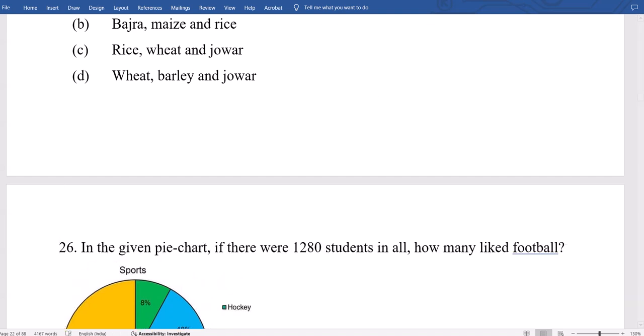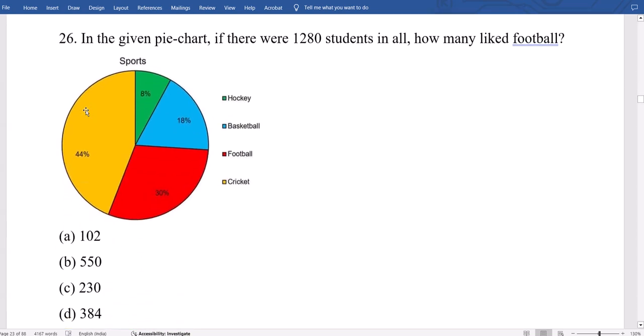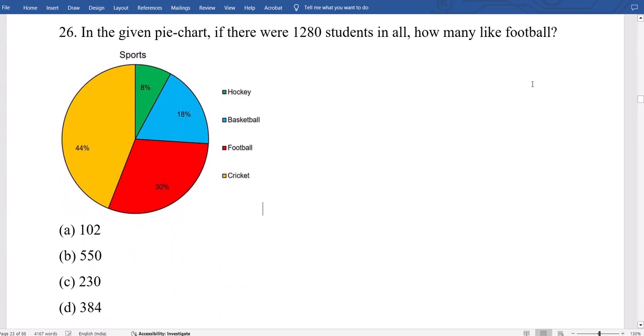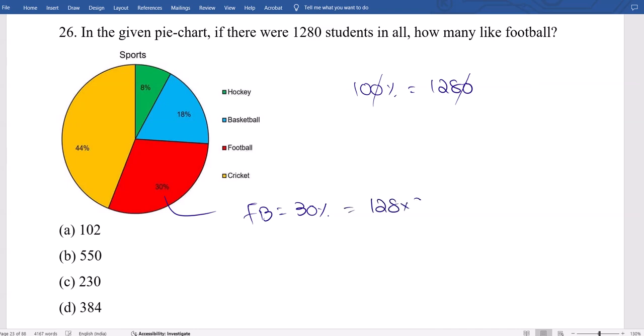Next question. If there are 1,280 students in all, how many like football? Football is this 30%. 100% is 1280. 10% is 128. 30% is 128 into 3, which is 384.